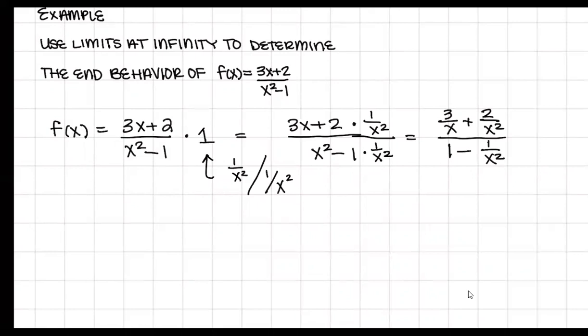And we're still interested in taking the limit of this function. So the limit as x approaches infinity of our function, just 3 over x plus 2 over x squared, quantity divided by 1 minus 1 over x squared.